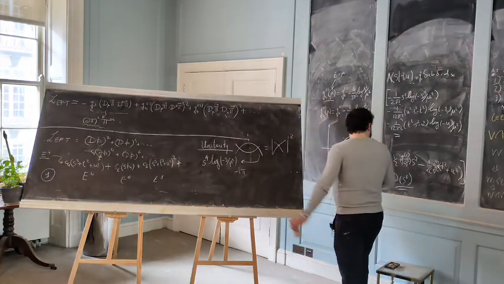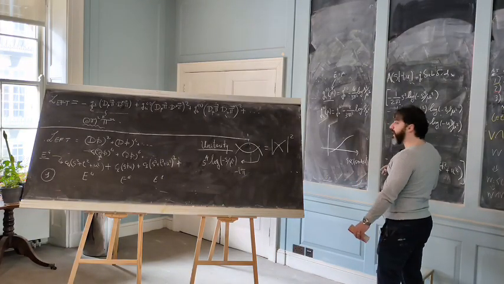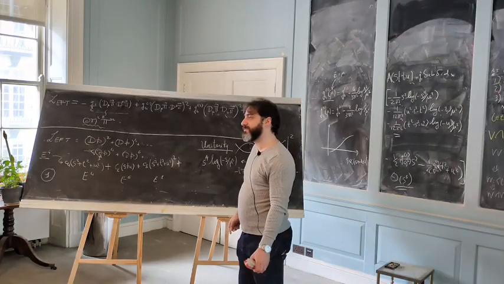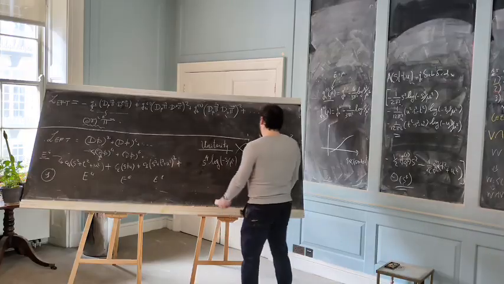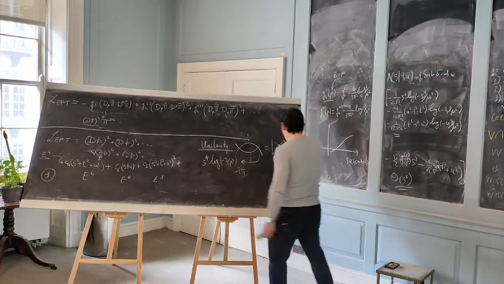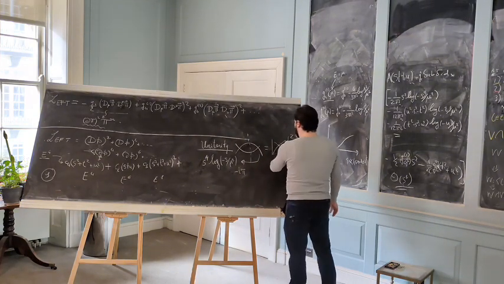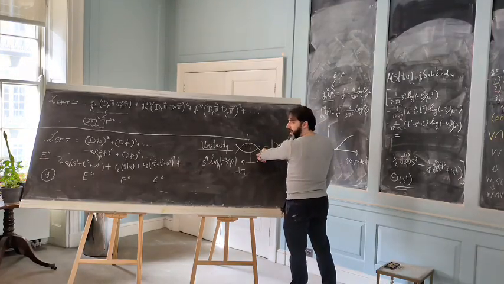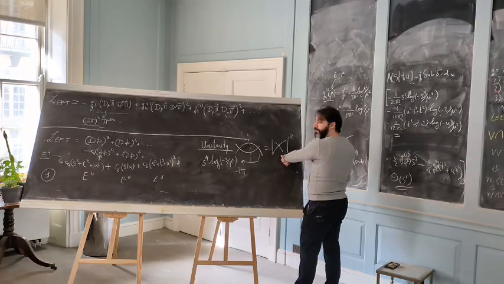And this maybe I will discuss in the last lecture. Then comment number 2 is very simple, it's that unitarity, I can write it more precisely, but let me state it vaguely. Unitarity tells you that the discontinuity of the loop function has to be equal to the square of the tree level.